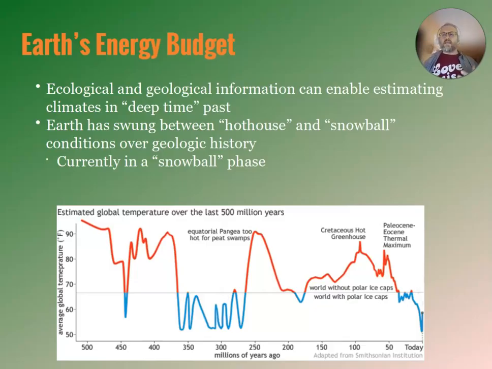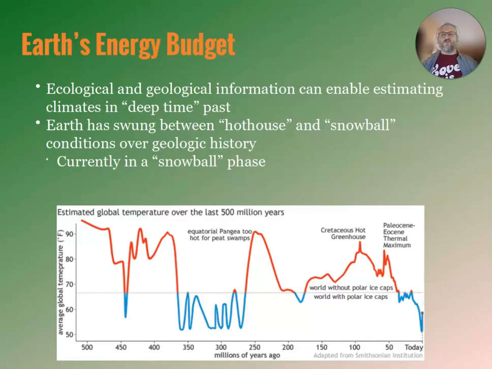So what you're seeing here is the planet cycling between what we call hothouse and snowball conditions. Sometimes the Earth gets very warm, sometimes it gets much colder. And the graph is kind of indicating that by dividing when ice caps could actually exist. So we are in one of those snowball phases right now.